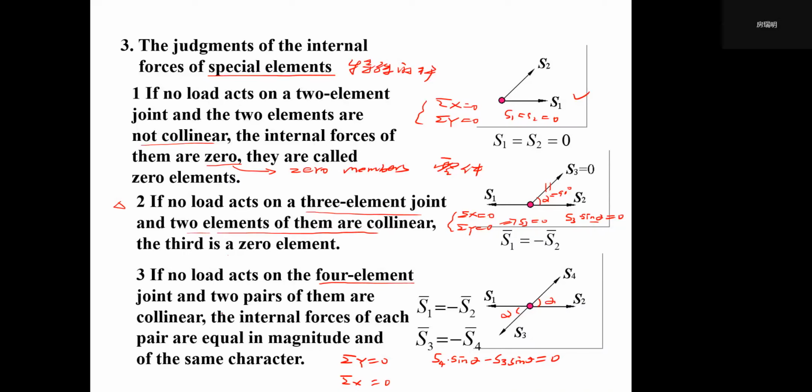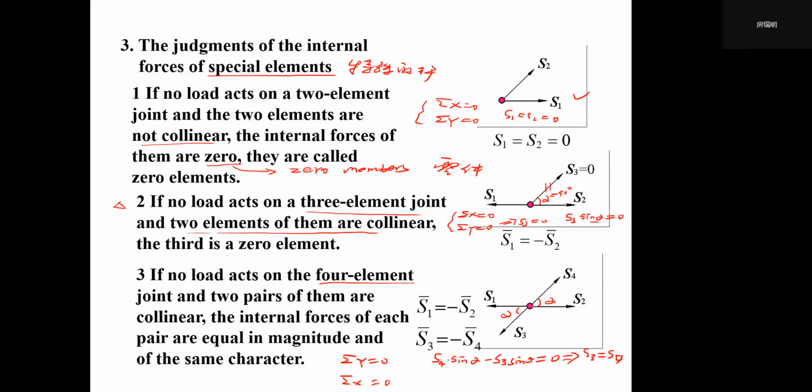It tells us the internal forces of each pair are equal in magnitude and of the same character. So we have the equation S4 minus S third times sine alpha equals 0, and the conclusion is S third equals S4.